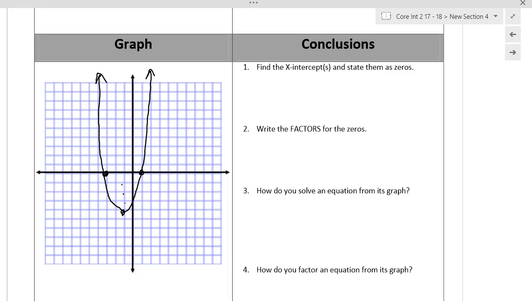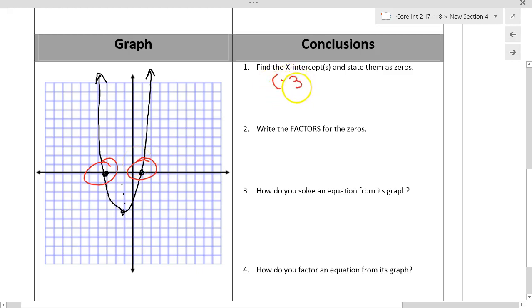Okay, find the x-intercepts and restate them as zeros. So again, we did find my x-intercepts. Here, negative 3, 0, and 1, 0.